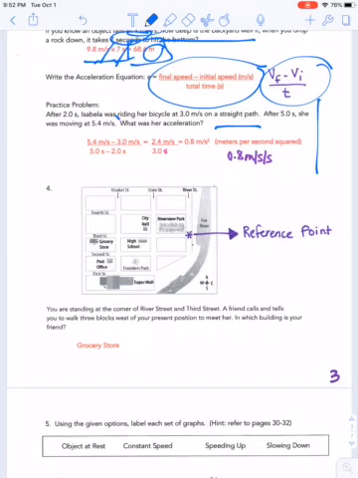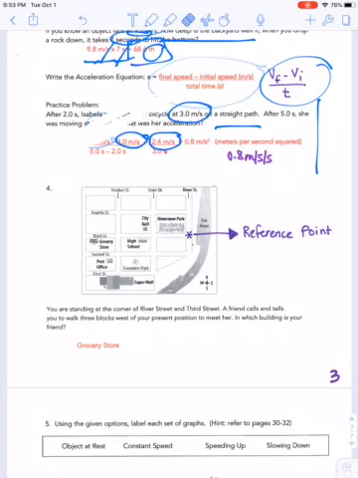So I'm going to look through here. 5.4 meters per second is her final speed. So that's going to be the first number that I put in my equation. Now I'm going to subtract off what her initial speed was, 3.0. So 5.4 minus 3.0 is 2.4.